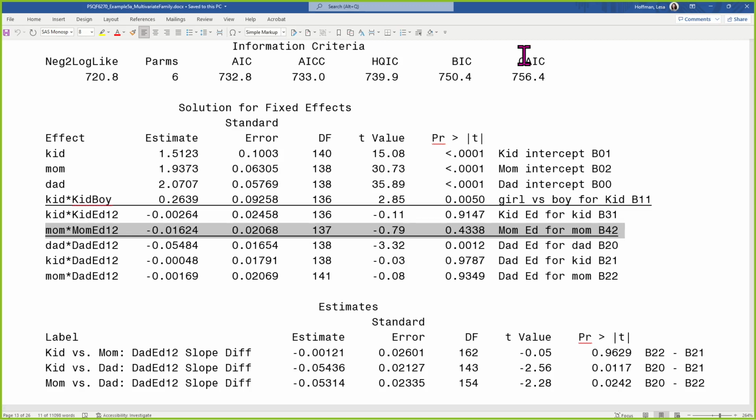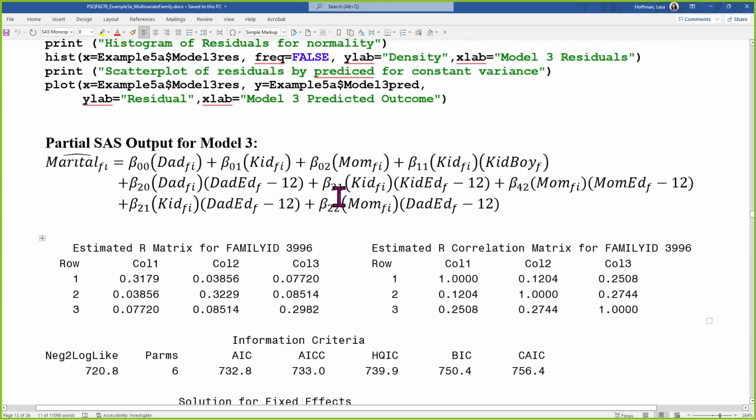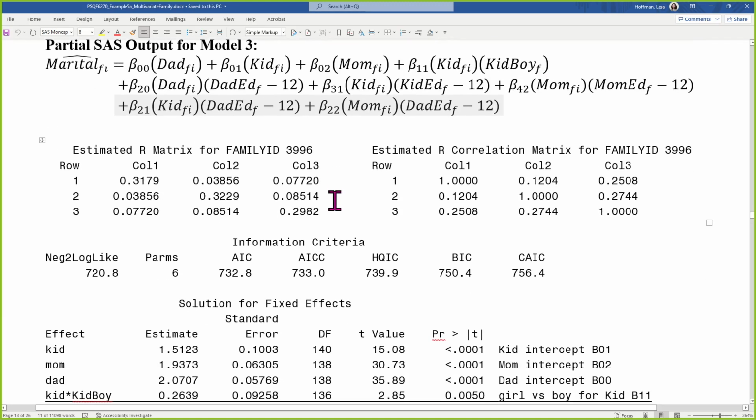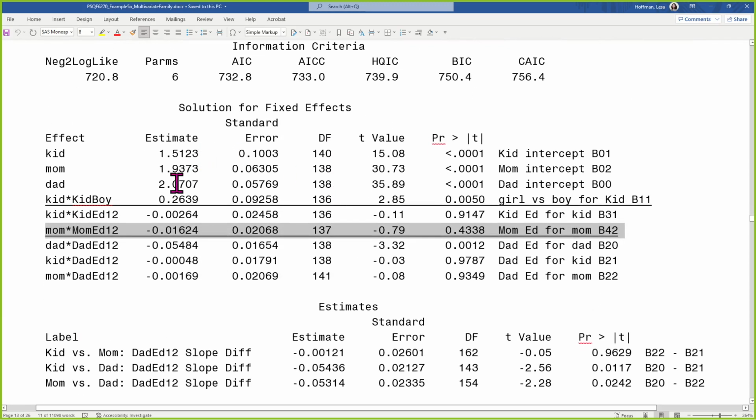It's about whether the model has adequately captured the relations that exist between all the predictors and all the outcomes. And we would not know from any of this that this model is not good enough. We just add fixed effects and we see if they're significant, and if they are, we keep them and we go about our business. But this doesn't tell us whether or not it's sufficient.